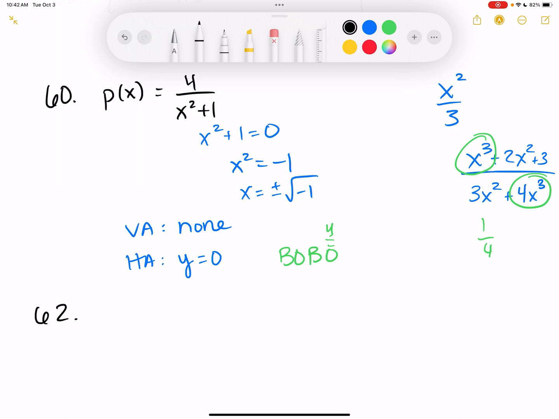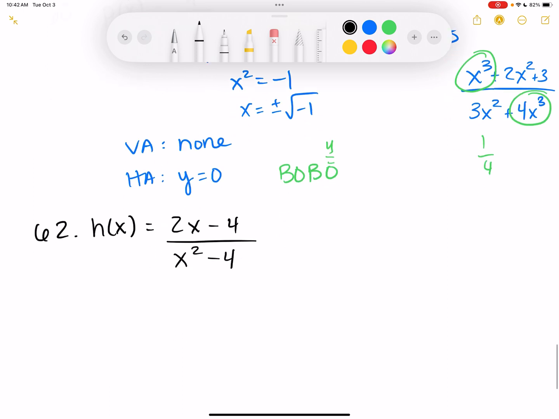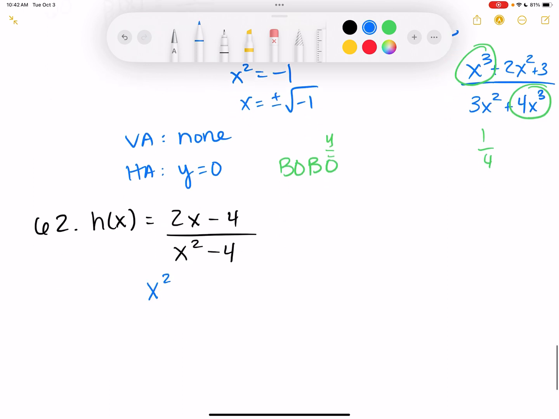All right, let's do another one. h of x is equal to 2x minus 4 over x squared minus 4. So vertical asymptote, I care about where the denominator is 0. So x squared minus 4 equals 0.